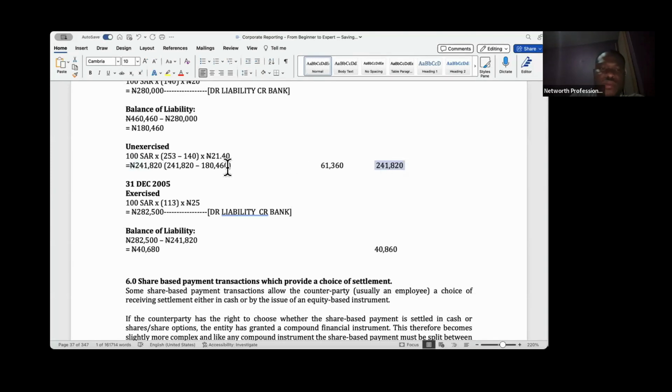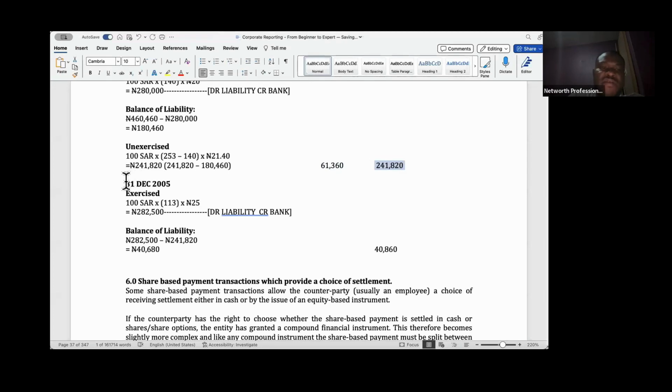Then my expense now: my liability was 180,460 before, after I paid some people. But now, looking at the valuation of the unexercised, it is 241,820. So my liability has increased by 61,360. That's an additional cost that goes to my staff costs. So 61,360, and my liability balance is this. And that's the end of year 4.